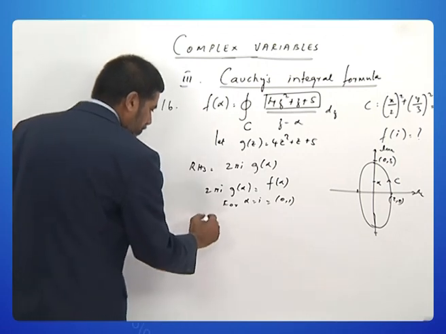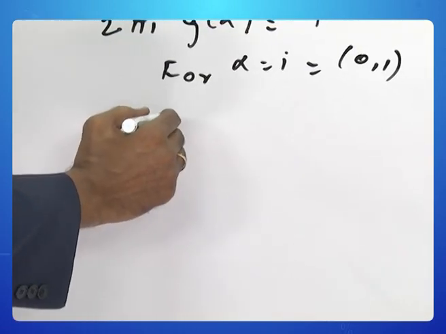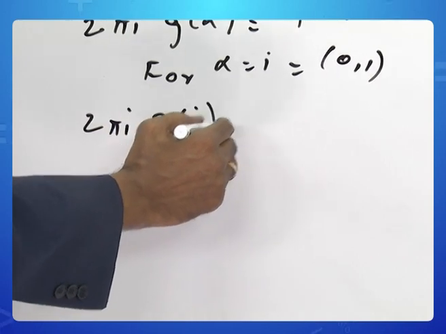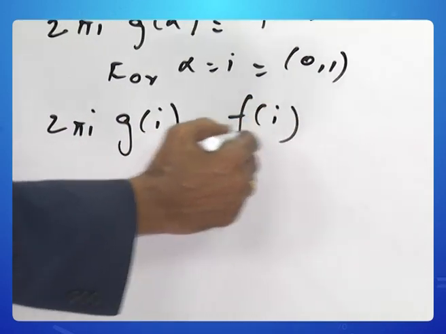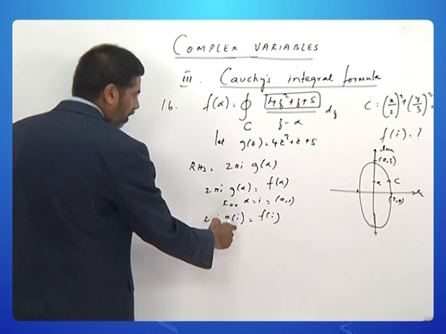You can say 2 pi I times g of I is equal to f of I. G of I will come from here.